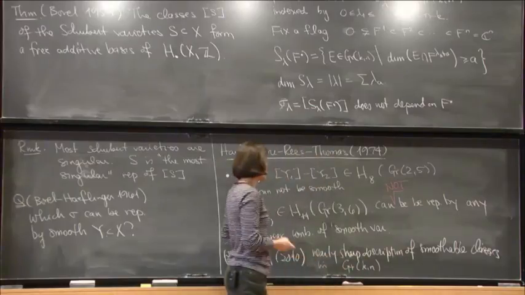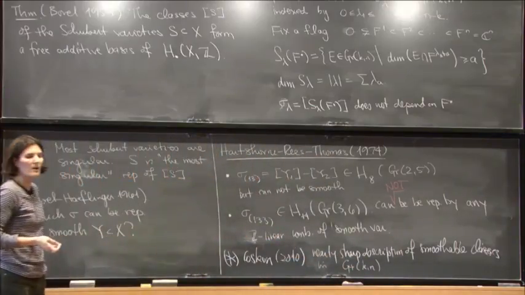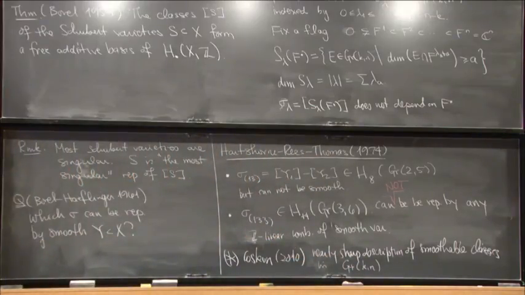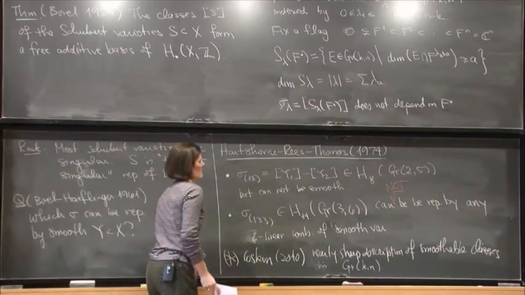Okay. And by nearly sharp, I mean there was just a small handful of classes that he couldn't sufficiently nail down. And the description is very clean. It's in terms of these increasing sequences lambda. It's very explicit.